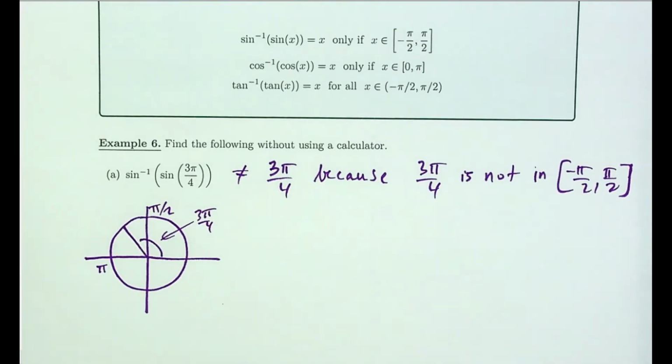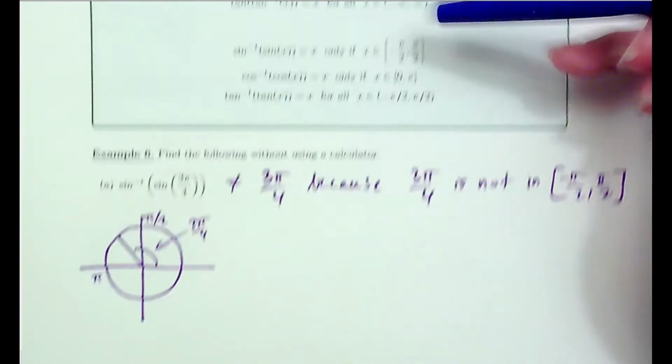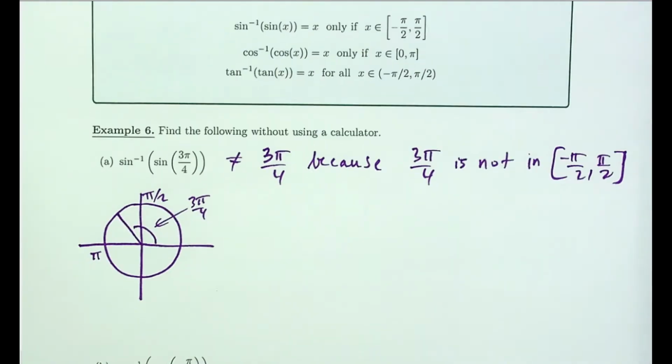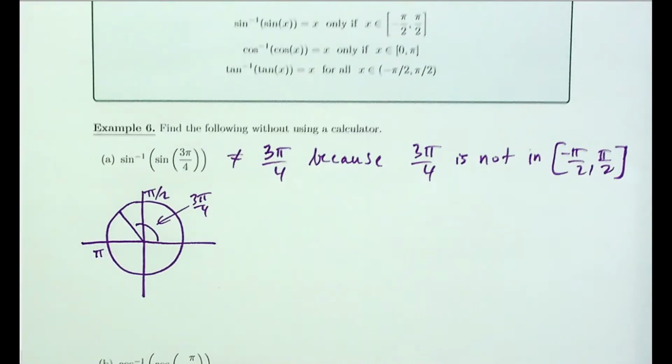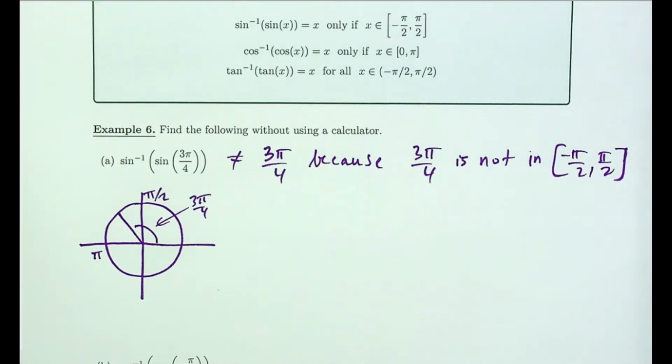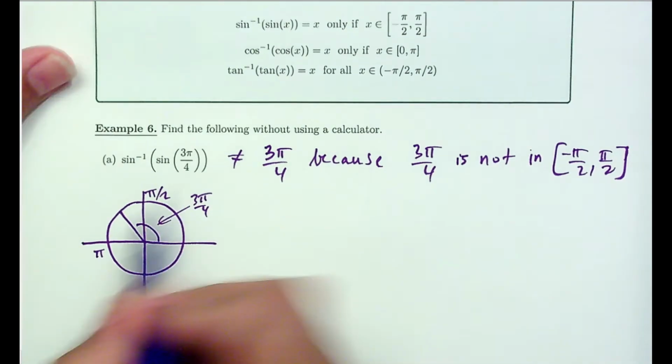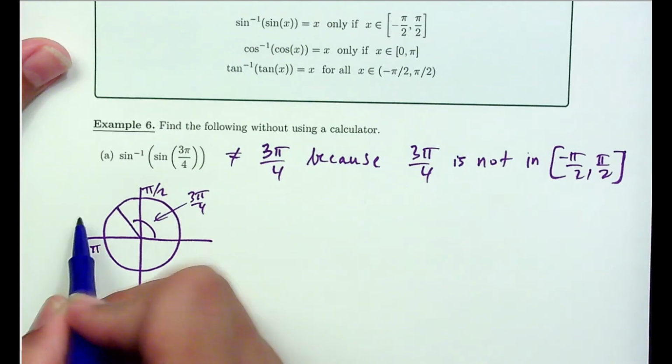The thing is, we want to replace 3 pi over 4 with another angle that is between negative pi over 2 and pi over 2 that has the same sign, because we're talking about sine. Sine is the y-coordinate, it's associated to the y-coordinate. So I want another angle that has the same y-coordinate.